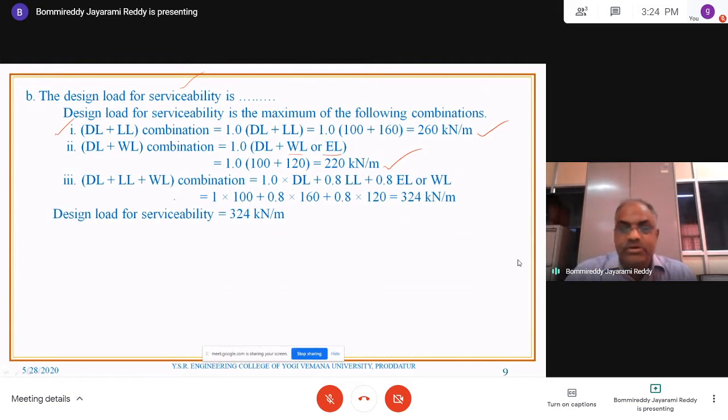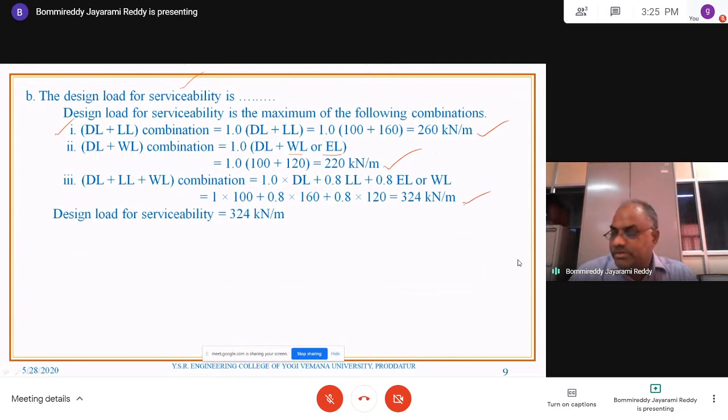When all the three loads are present, you can see dead load is multiplied by 1, live load is multiplied by 0.8, and earthquake load or wind load is multiplied by 0.8. Accordingly, 1 into 100, 0.8 into 160, 0.8 into 120, you will get the third value.